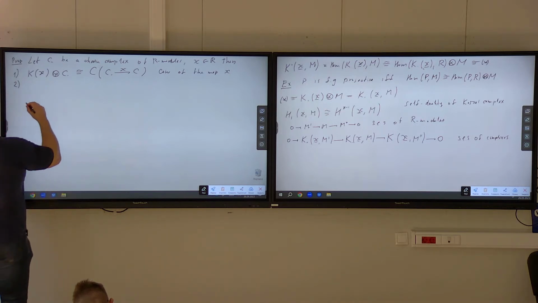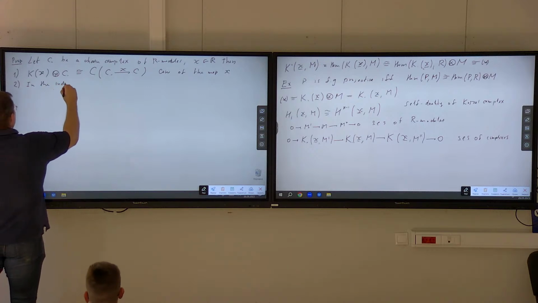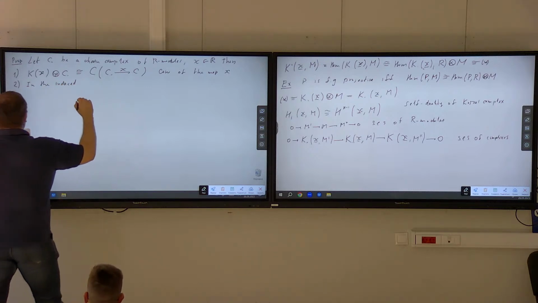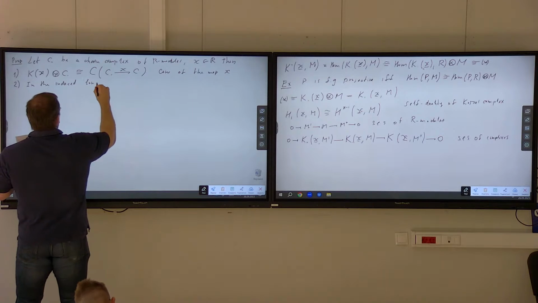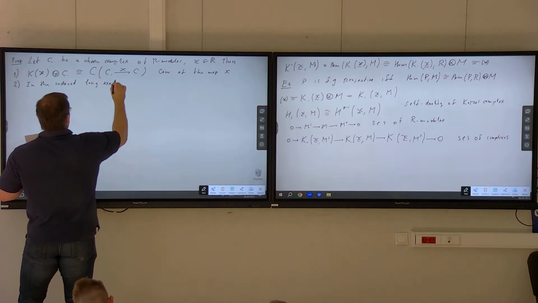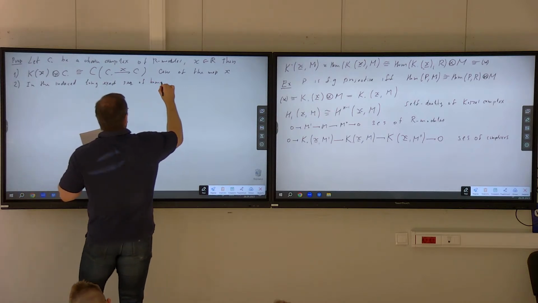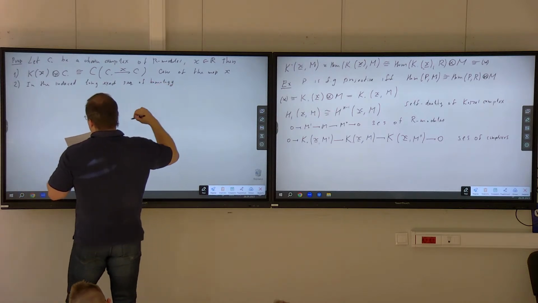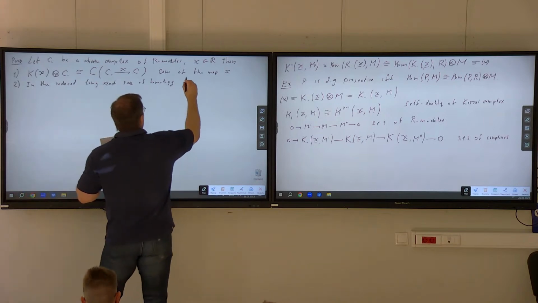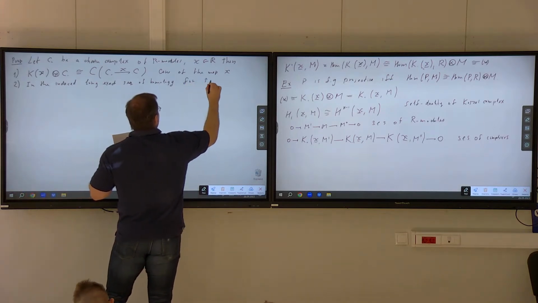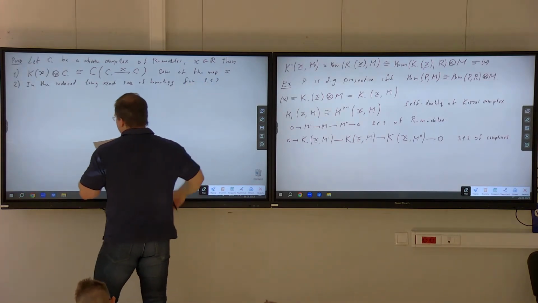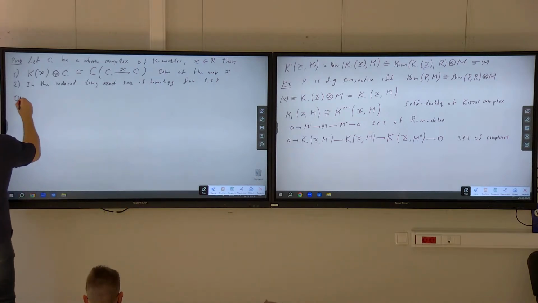Then, in the induced long exact sequence of homology for the short exact sequence of complexes which we have.